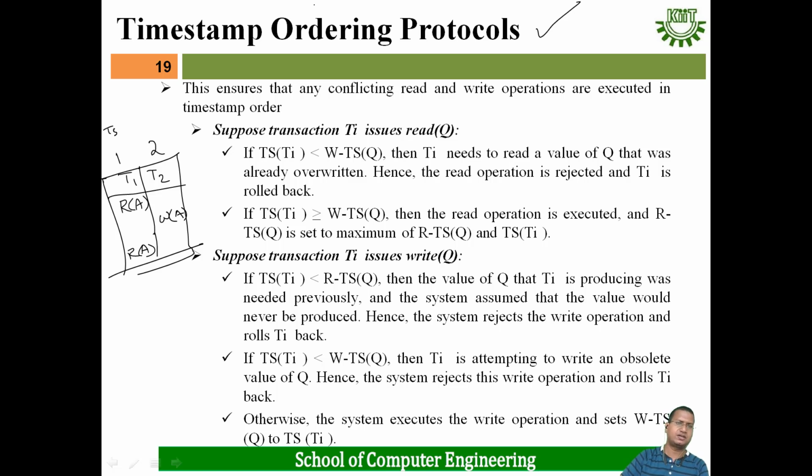And every data item has two timestamps. Here A has a read timestamp value, and A has a write timestamp value. Initially, the read timestamp value will be 0 and the write timestamp value will be 0 for every data item. Two timestamps are there. You have to remember this.